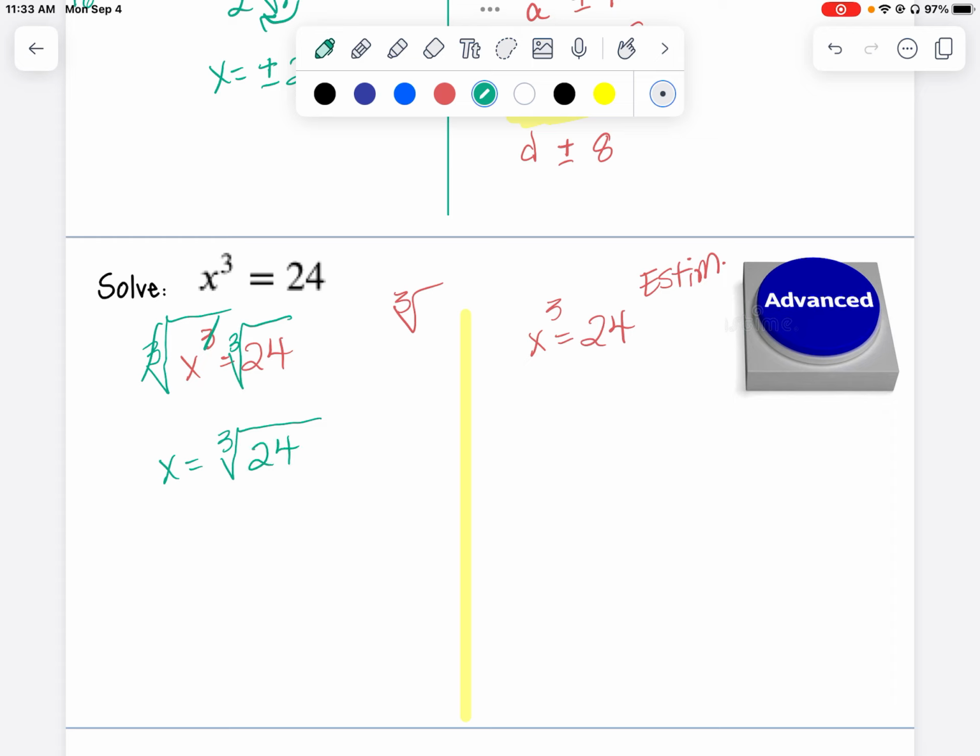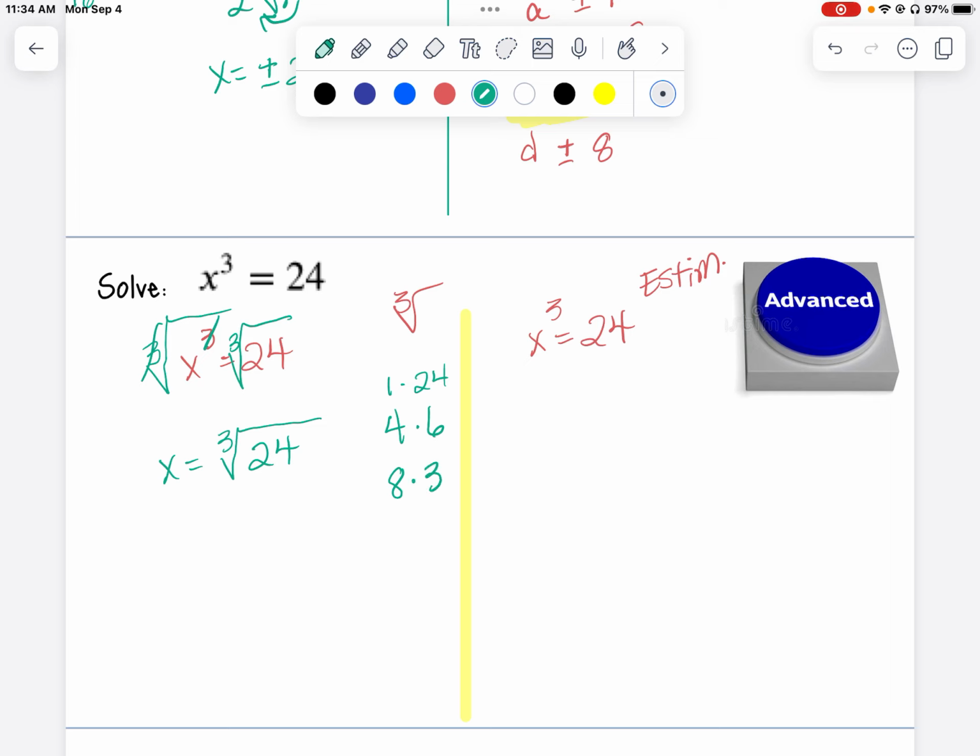And I'm thinking of factor pairs of 24. And this time, instead of looking for perfect square factors like 4 times 6, I'm looking for perfect cubed factors. That would be 1 times 24 and nothing would change. 6 is not a perfect cube, but 8 is.